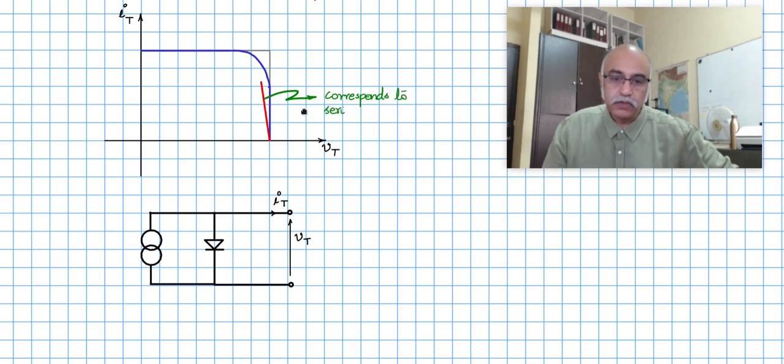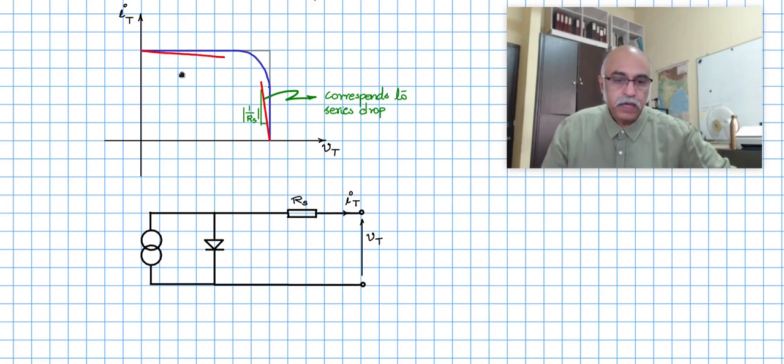So this corresponds to the series resistance drop, and the slope here would be 1 by modulus of RS, because this is a negative slope. So let us incorporate this in here. So this would be the series resistance part RS.